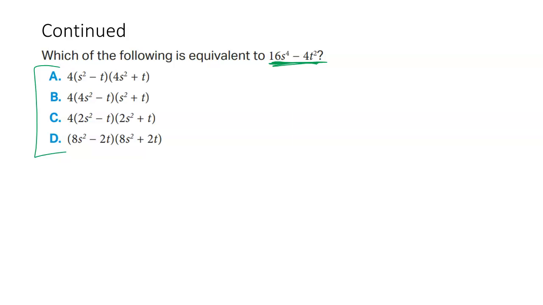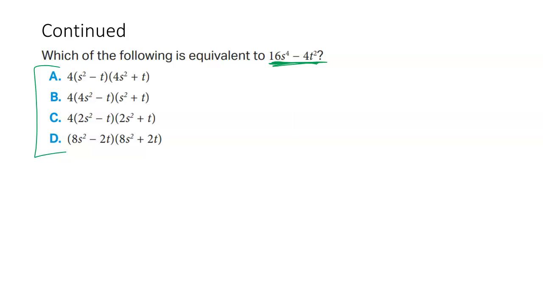But this is a special type of polynomial which has a special type of factoring. Perfect square. What operation do I have in the middle there? Subtraction. What's our math term that means subtraction? Starts with a D. Difference.